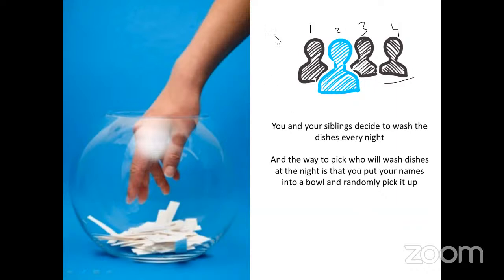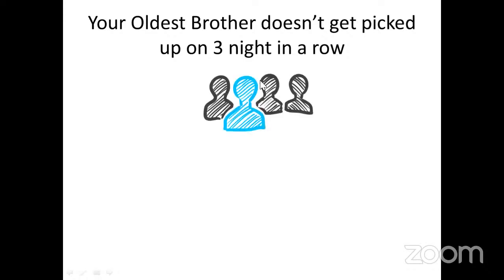But the problem is, after 3 days, you have a problem. Your oldest brother doesn't get picked on 3 nights in a row. You may be thinking that your oldest brother is cheating on you guys. So you have an assumption, which academically is a hypothesis.